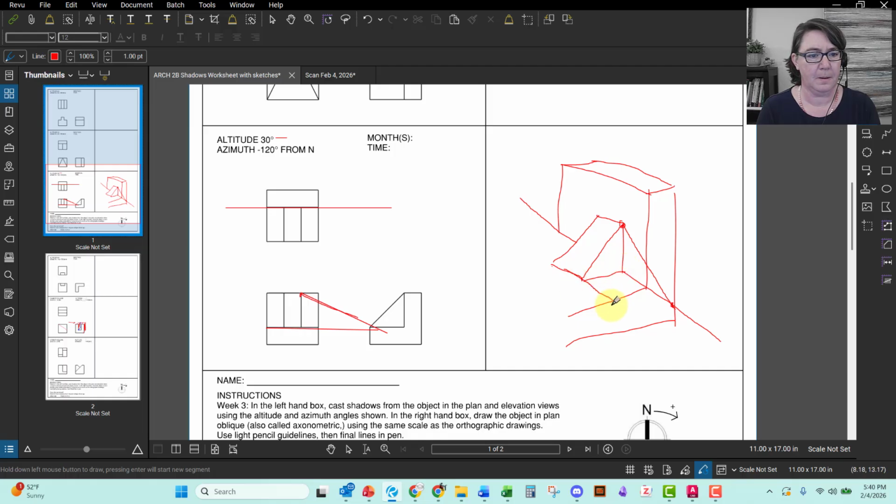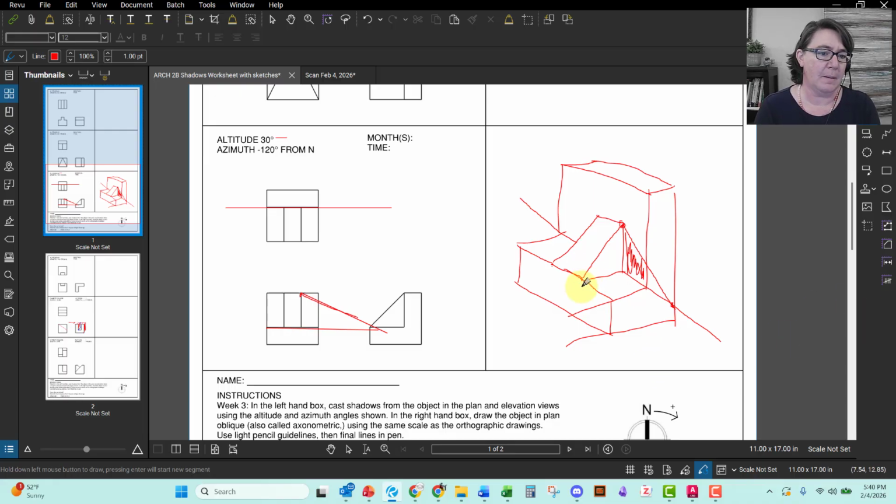Right here, down. So the shadow on the back piece is just going to be this area right here. Notice it's not a full triangle, because it gets cut off as the block stops.